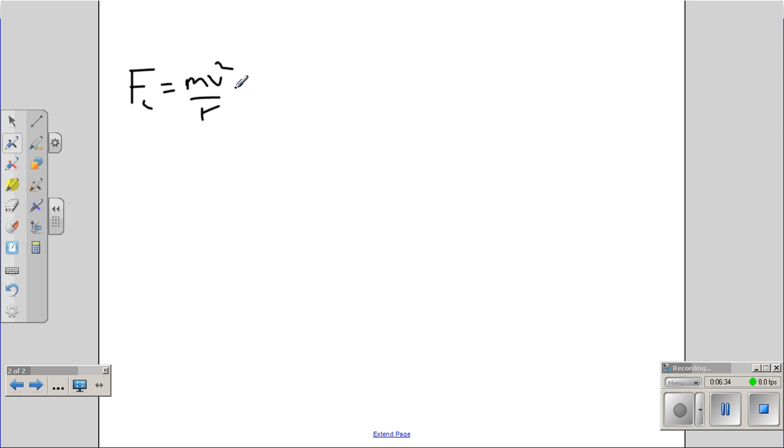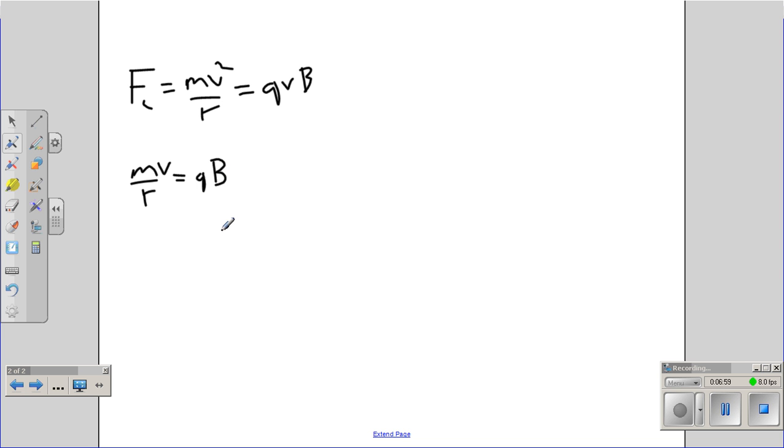So we'll say that mv squared over r equals qvB. This can be a little bit simplified, so we'll say that m over r times v equals q times B.